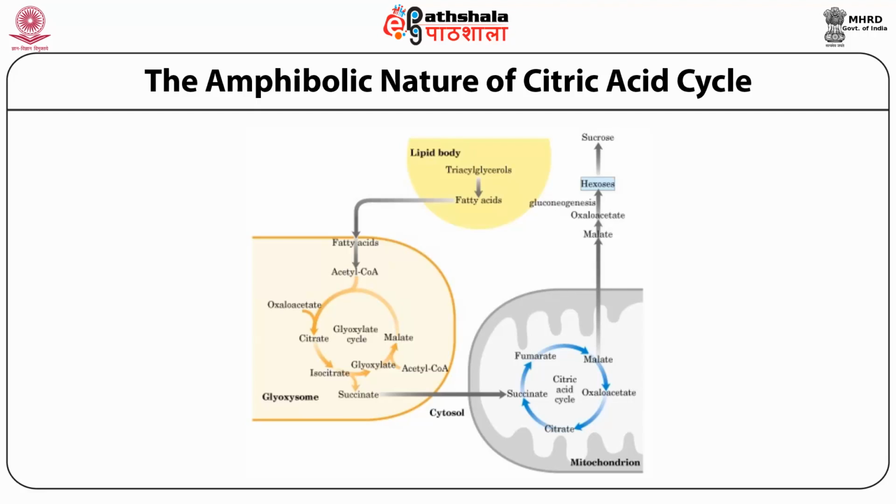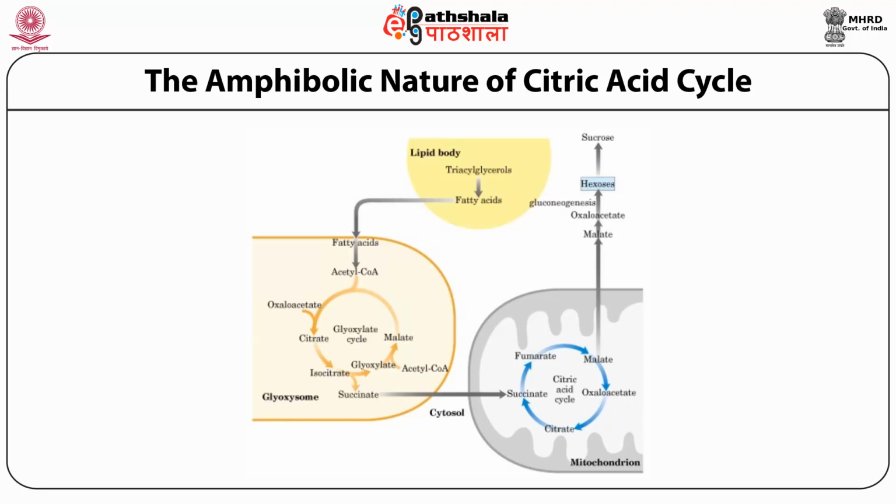Here, in the glyoxysome, acetyl-CoA, which is synthesized from fatty acid, enters the cycle and produces citrate when it combines with oxaloacetate, which results in the formation of isocitrate, which in turn is converted into glyoxylate, releasing succinate. Again, by the addition of acetyl coenzyme A, it is converted into malate, and thus the glyoxylate cycle gets completed.